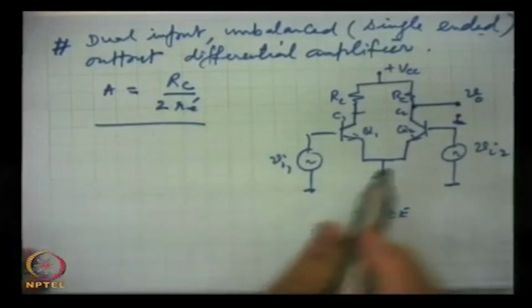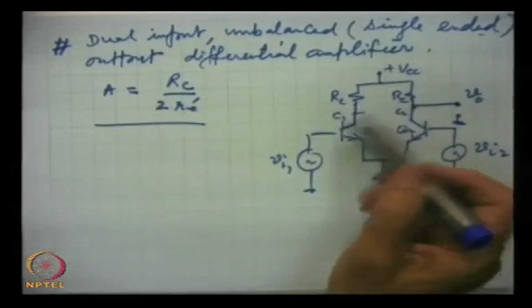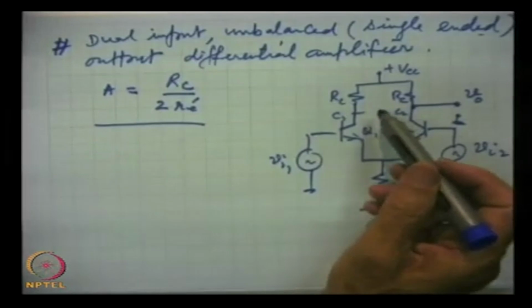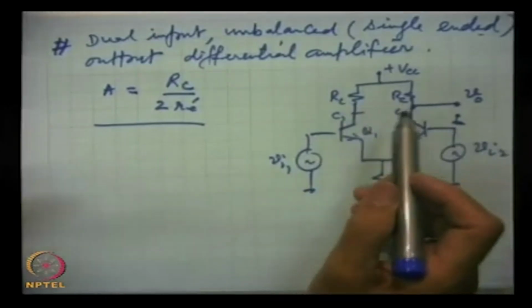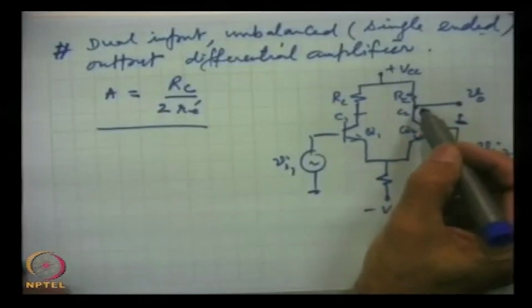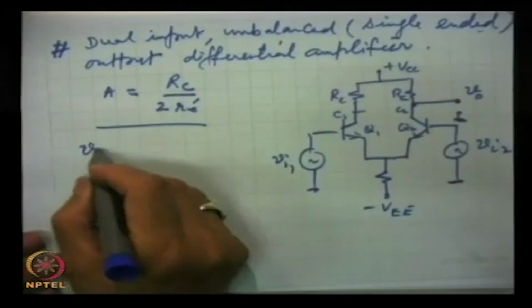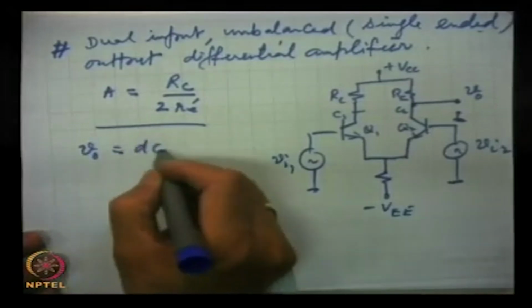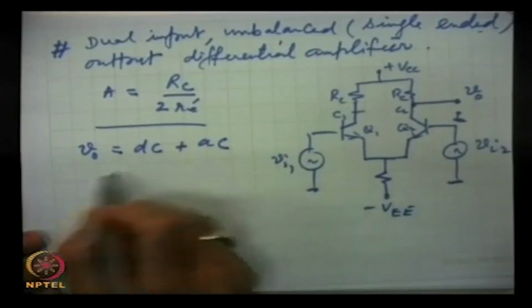Another important point: because of the symmetry of the differential amplifier, the DC parts were absent, because they were equal and they were cancelled in the output when we take output from two collectors. That means, in the case of balanced output, the DC part was absent. Now this DC part will also be there. So, output will contain DC plus AC signal.